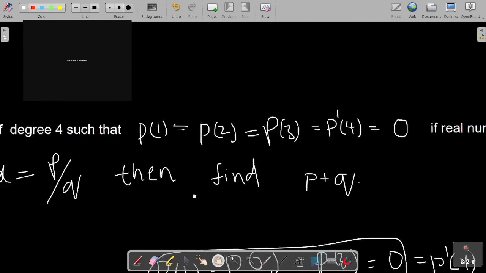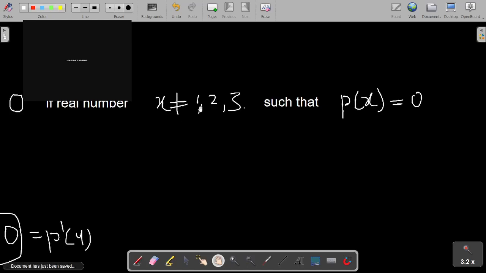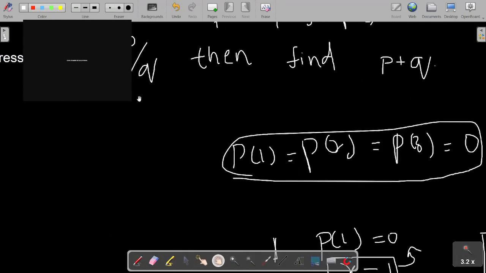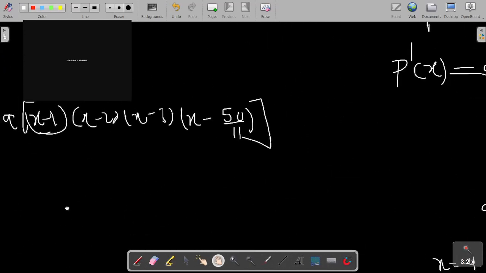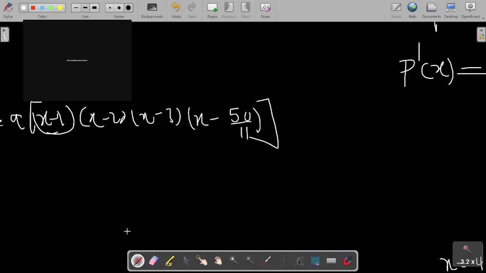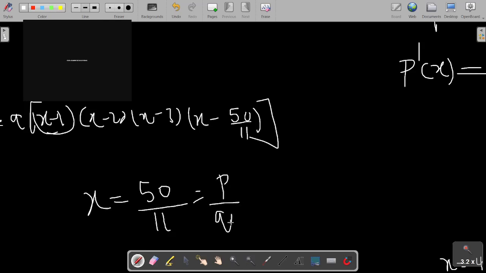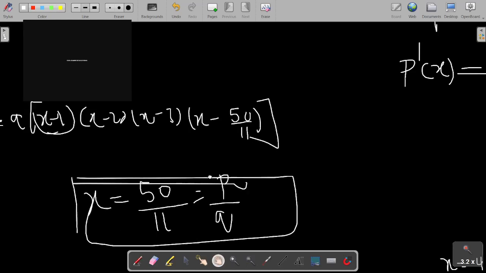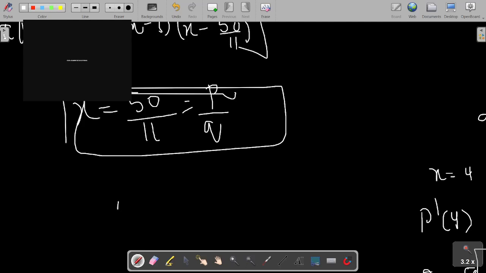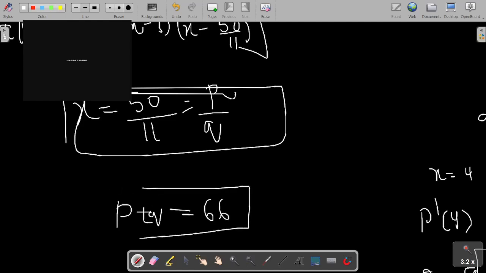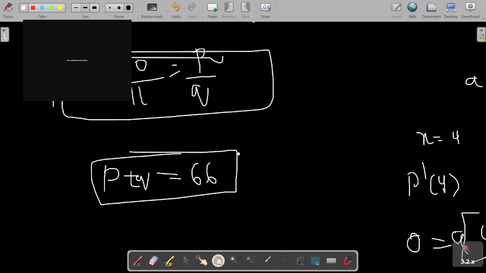So we got 4 x values: x is equal to 1, 2, 3, and the fourth x value is in the form of p over q, which is x is equal to 50 over 11. They told us that this is p over q, and we found that. So we need to find the value of p plus q. The value of p plus q will be 66 for this problem. So this is the solution, and this is the correct answer.